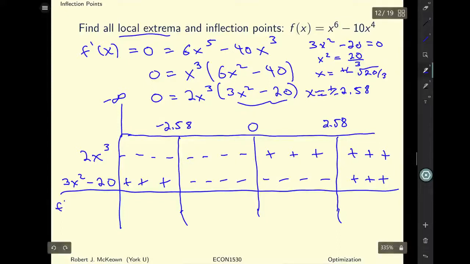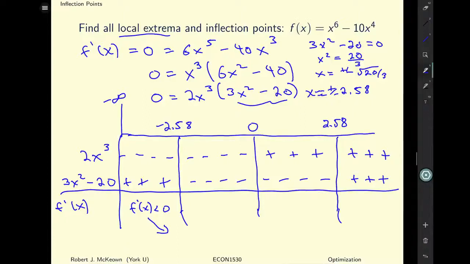Now, what's happening with the first derivative? We're getting a negative value. So the slope, or the function f of x, is decreasing.